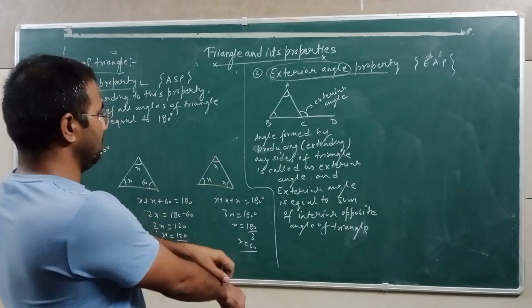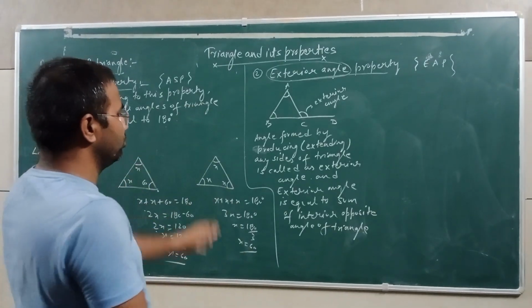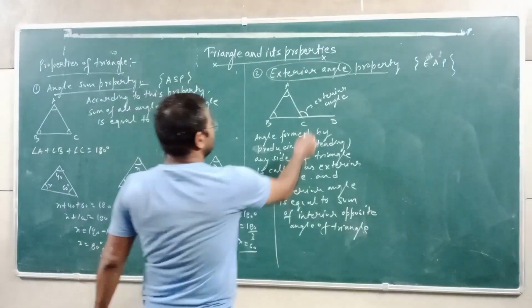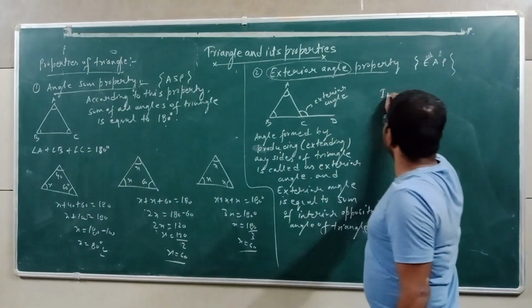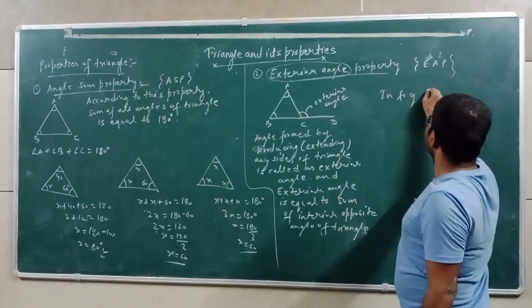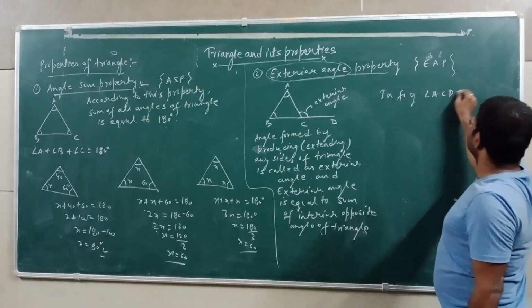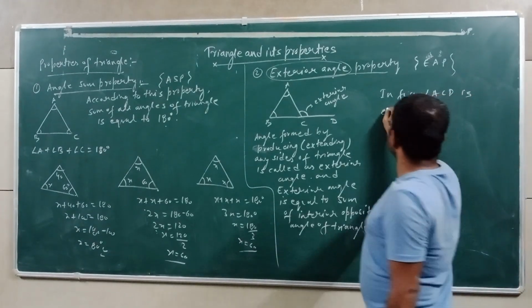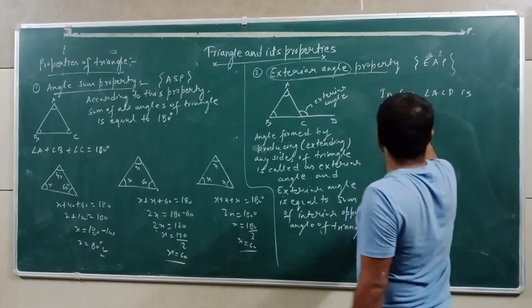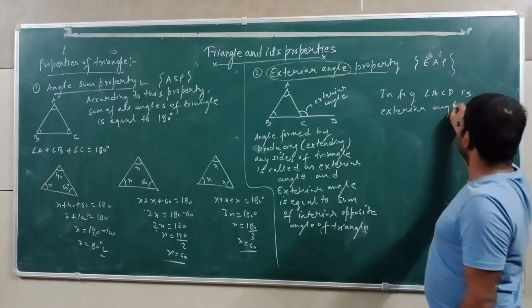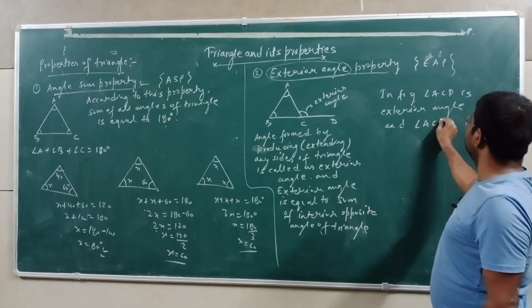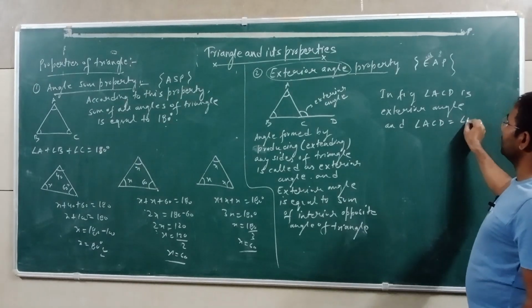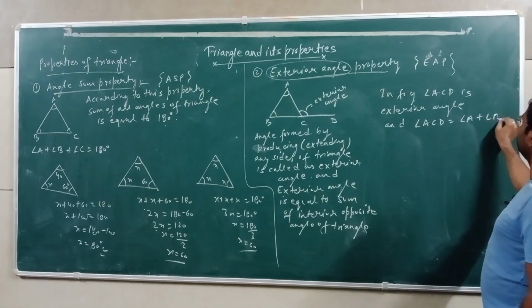So combinedly they are called the interior opposite angles of a triangle. So this angle will be equal to the sum of these angles. So here you will write in the figure: angle ACD is the exterior angle, and angle ACD is equal to angle A plus angle B.